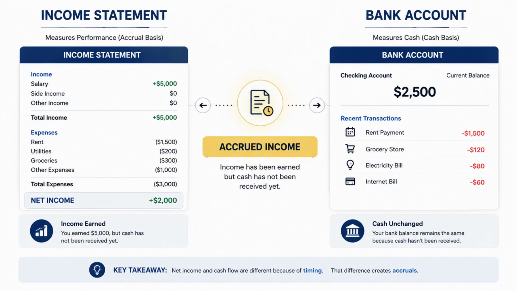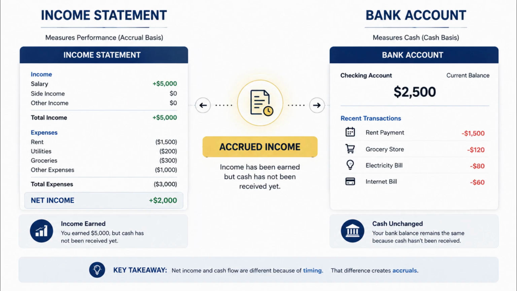This is where people usually get confused. You can make money but not increase cash, or you can lose money but temporarily increase cash, because accrual accounting and cash timing are different things, as I've shown through season 1 and season 2.